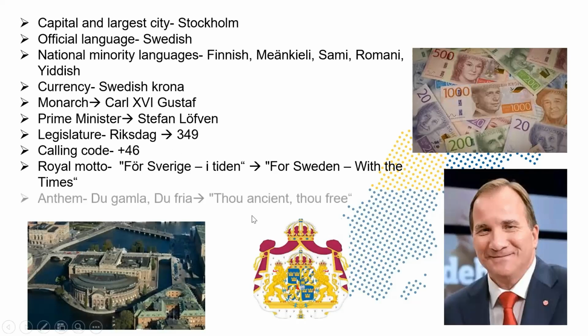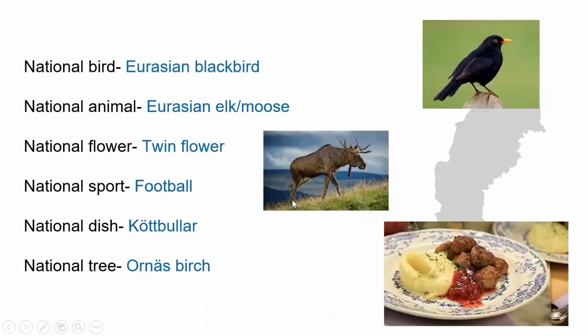The anthem is Thou Ancient, Thou Free. The national bird is the Eurasian blackbird, and Eurasian means Europe plus Asia. In between those two regions, these animals and birds are found. The national animal is the Eurasian elk, which is also called moose.